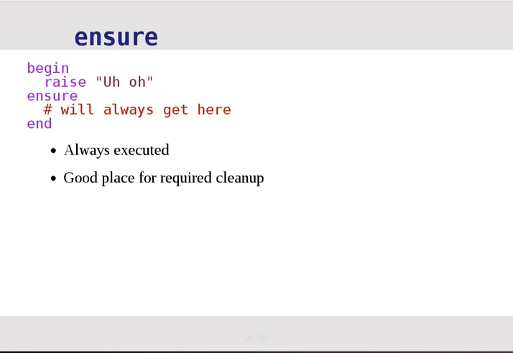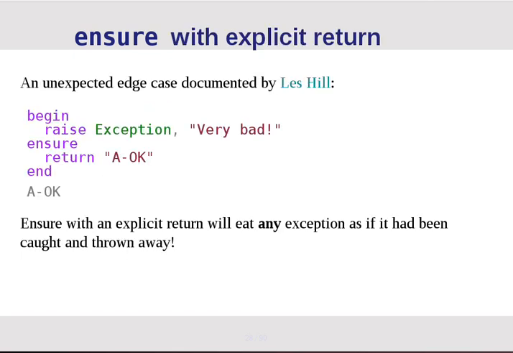Ensure is a good place to put code that cleans up your context. Whatever is in the ensure block will always be called. Now there's an interesting edge case with ensure that was documented by Les Hill. If you raise an exception and then there is an ensure block in which there is an explicit return, then the method will return that value, and it will be as if the exception was never raised.